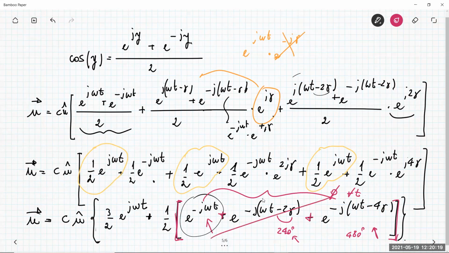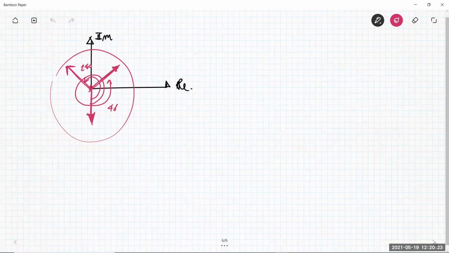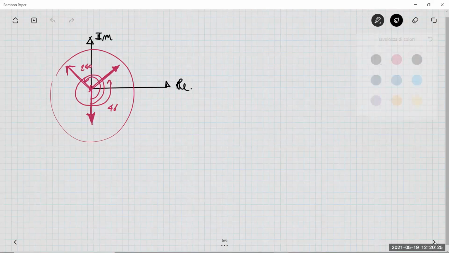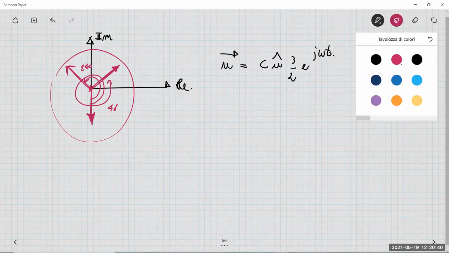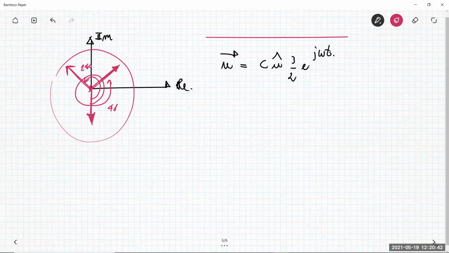So this parenthesis is not present, and at the end of this Park transformation, you have that U, the space vector, is C multiplied by the peak value, 3 divided by 2, e to the j omega t. So this is the representation that you have for the 3-phase system UA, UB, UC that you have at the beginning.